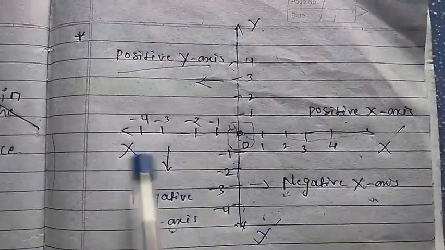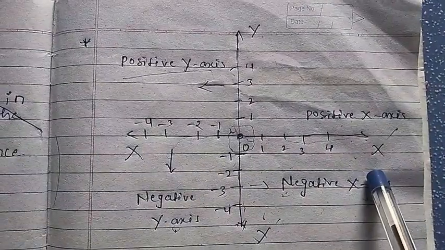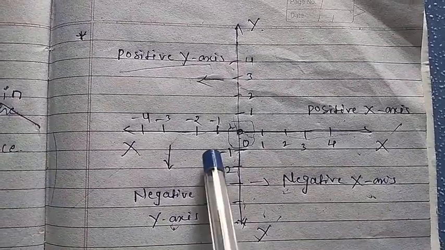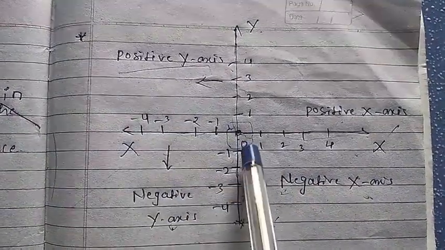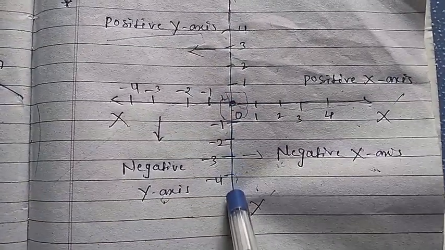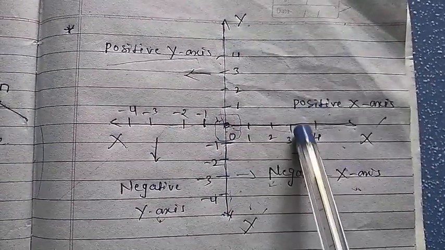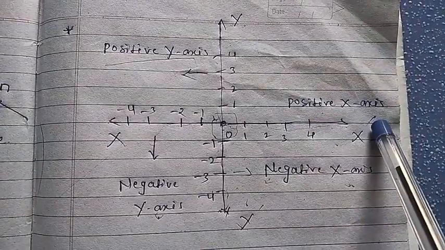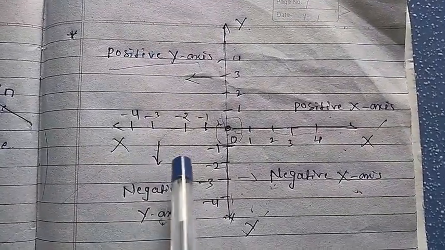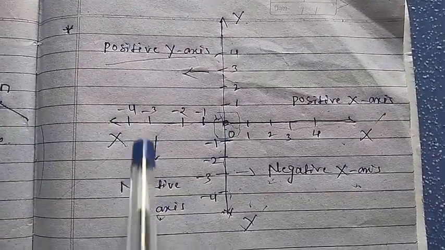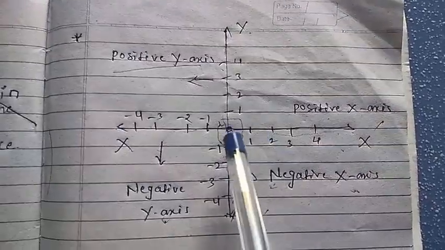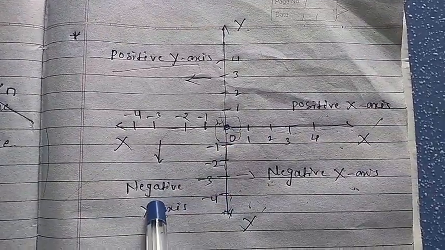Correct? Y-axis and X-axis. Now remember, here are positive integers on the x-axis, negative integers on the x-axis, positive integers on the y-axis, negative integers on the y-axis. For this portion, what do we call it here? Positive x-axis and positive y-axis. Then similarly this is the negative x-axis, and this one is the negative y-axis.